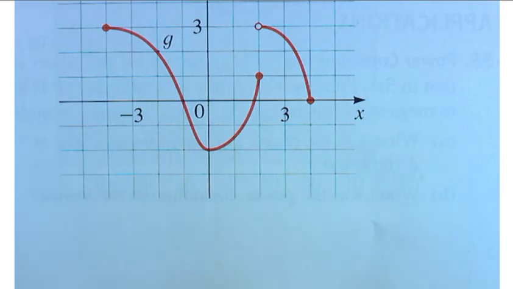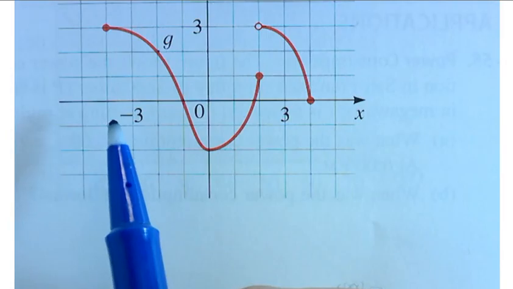Let's do a little bit more domain and range work here. We'll start with the domain. The domain is your x values. What would the x values be for this graph? All right, so negative 4 to where?